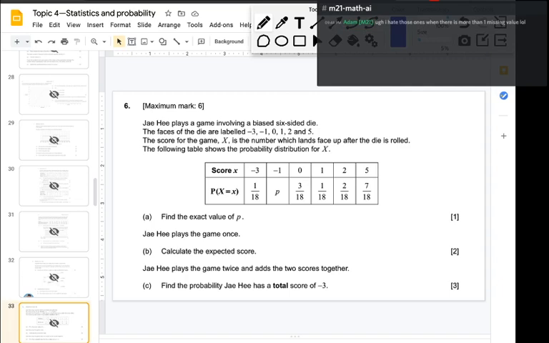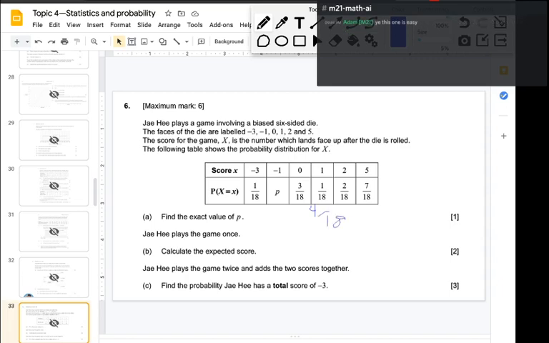Yeah, sure. So basically everything needs to be equal to 18, right? So all you have to do is 1 plus 3 plus 3 plus 1 plus 2 plus 7 equal to 18, and that will give you P. To find the expected score, you just multiply the score X with the probability, and then add for the negative 3, and then add for the one with negative 1, and just add it all together.